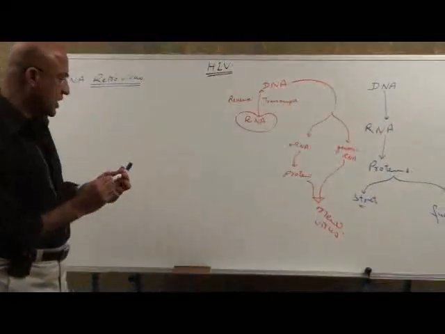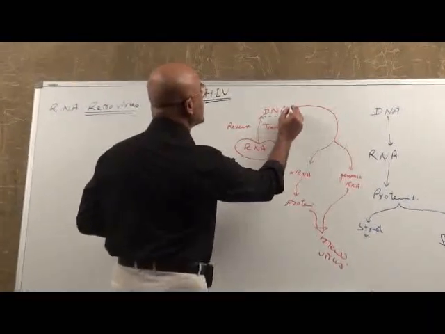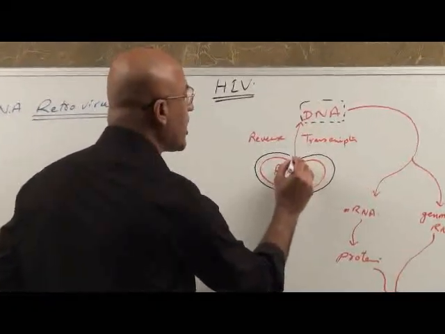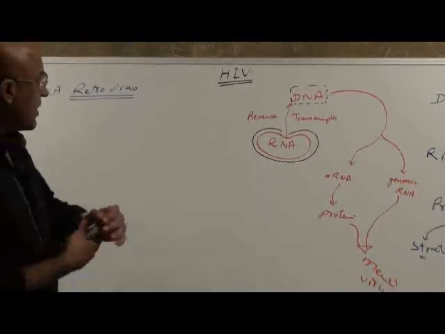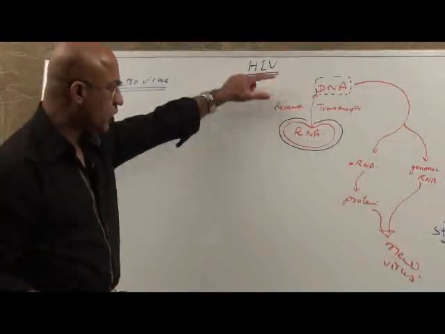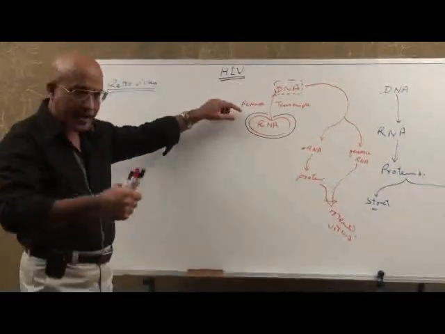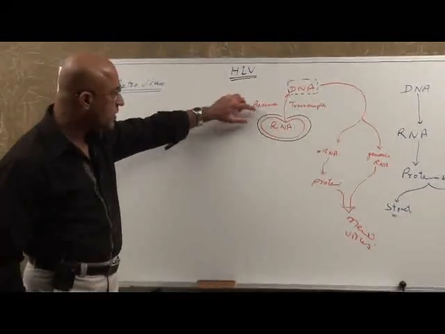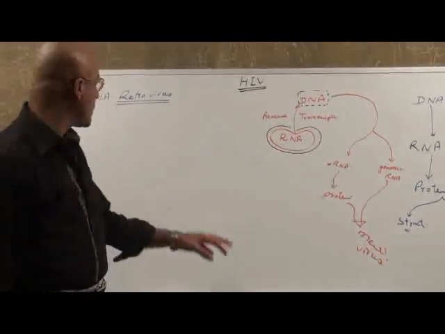So because this virus does not have DNA as its genetic material, it has genetic information in RNA, and because it is reverse transcribed, right? Reverse is also called retro. Retro means in back direction, back gear, right? So because this virus undergoes the reverse transcription process, we call it retrovirus.